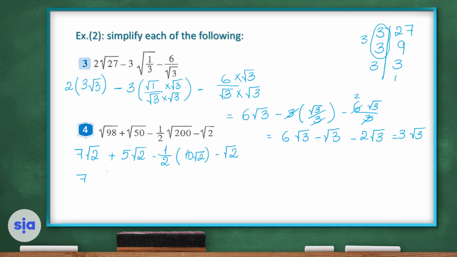So this one will be 7 root 2 plus 5 square root of 2 minus 5 square root of 2 minus square root of 2. So 7 square root of 2 minus root 2 is 6 square root of 2.